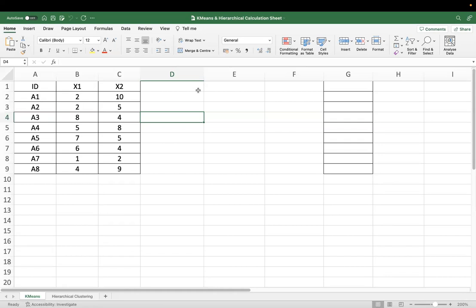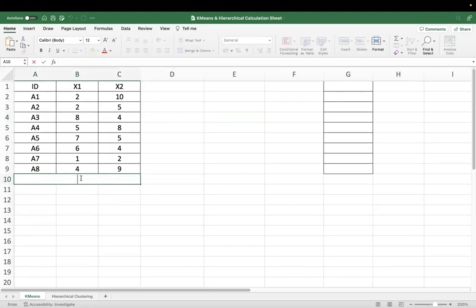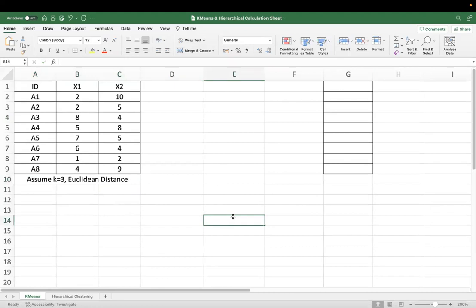Okay. Now, let us assume K is equal to 3. And we will be using Euclidean distance. Now, it's an iterative algorithm, like I told you.